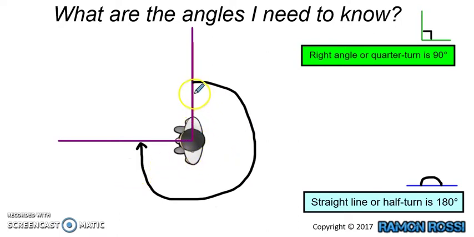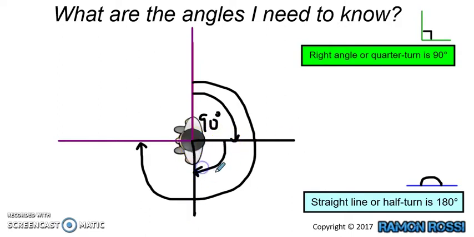So remember what he's done to go from there to there, quarter turn, was 90 degrees. And then he did another 90 degrees to go from here to here, which was another L, wasn't it? Another quarter turn. And that was 180 degrees. That's down there. And now he's done another L-shaped turn here. So that's another 90 degrees.